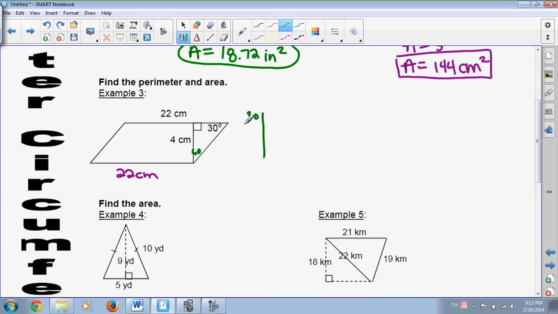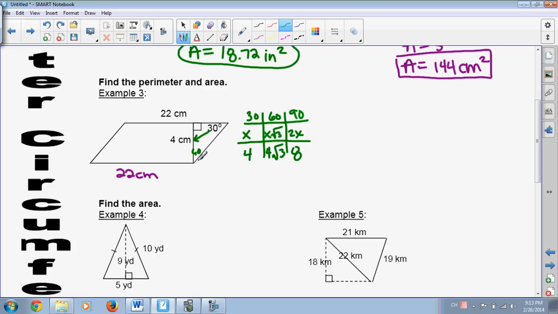And we know the ratio for a 30, 60, 90 triangle sides are x, x square root of 3, and 2x. Okay, and our 4 is directly across from the 30-degree angle, so that would be our x. So our x square root of 3 would be 4 square root of 3, since our x is just 4. And our 2x would just be 8, because 2 times 4 is 8.